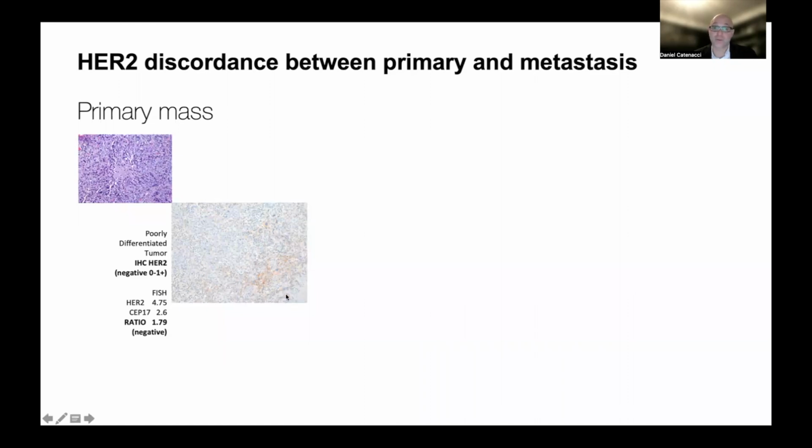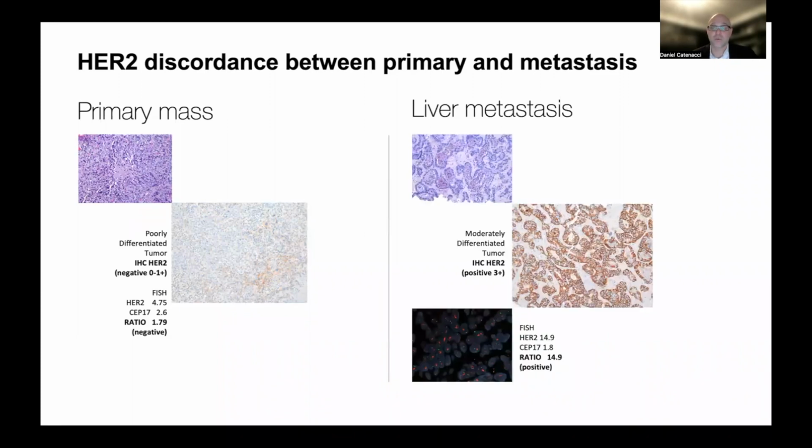So there was no brown staining that the pathologist could see, and the FISH testing was also negative with a ratio of HER2 copies to CEP17 copies of less than 2, whereas a liver biopsy obtained also at baseline diagnosis was clearly HER2 positive with extreme high expression, as well as a really high HER2 CEP17 ratio.